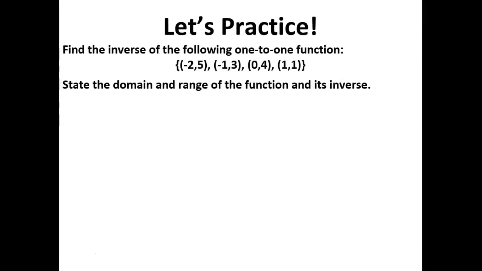So for an example, find the inverse of the following one-to-one function. So we have the original function. What the original function is doing, it's taking -2 to 5. So then the inverse is going to be undoing it. The inverse is going to take 5 to -2. The original function takes -1 to 3.